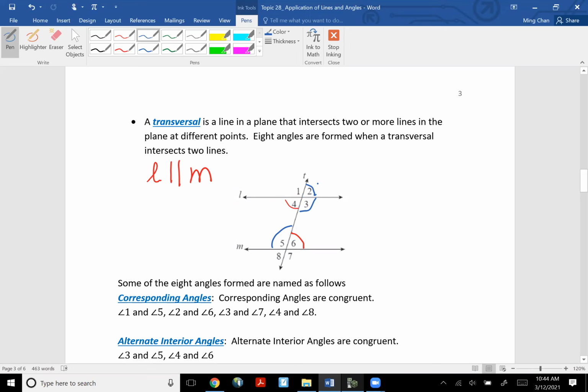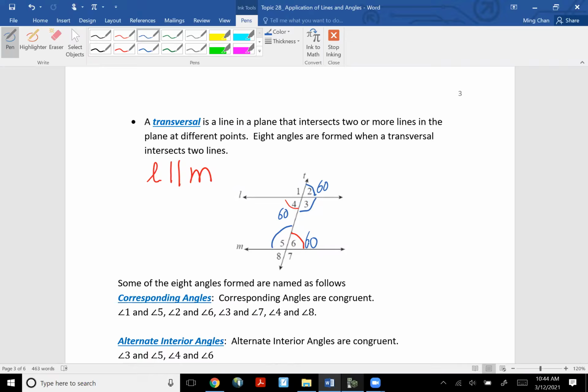So if 2 is 60 degrees, that means 4 is 60 degrees. Therefore, 6 is also 60 degrees, right? Alternate interior angles are congruent. 2 and 6 are corresponding angles. That's why eventually you can figure out that 2 and 6 are also the same angles, right? Vertical angles are congruent, alternate interior angles are congruent, corresponding angles are congruent.